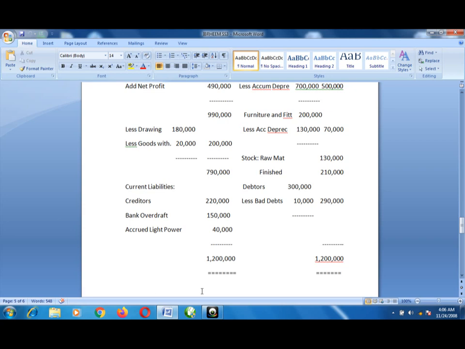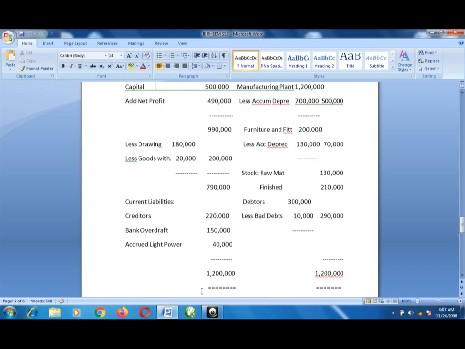And as a result of that, total your liability side. Under the liability we have 790,000 plus 220,000 plus 150,000 plus 40,000, will give us 1.2 million naira. Under the asset side, you have a manufacturing plant 500,000 plus fixture 70,000 plus stock of raw materials 130,000 plus finished goods 210,000 plus net book value of debtors 290,000.